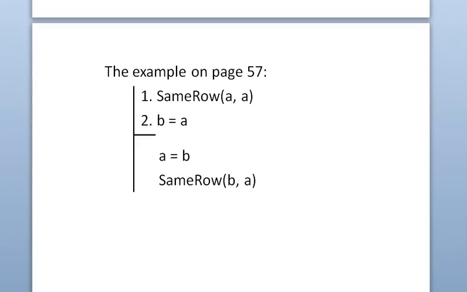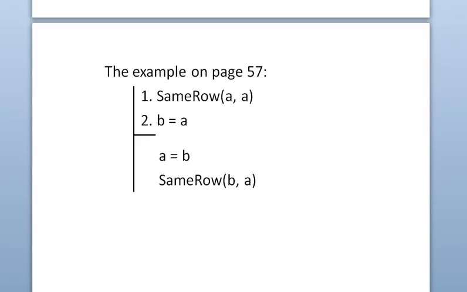Line 2 allows us to substitute A if we could find any occurrences of B in line 1, but we can't. What we need is this third line, A equals B. If we had that, then we could substitute B for A in the first line, and we could substitute it for the first occurrence of A, and that would give us same row BA, which is what we're looking for.